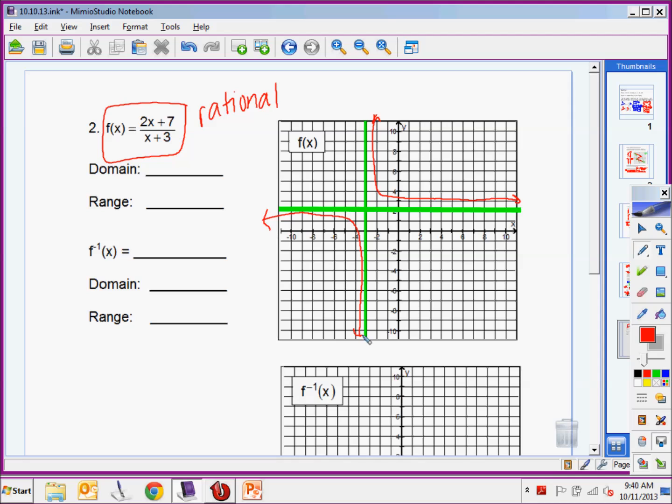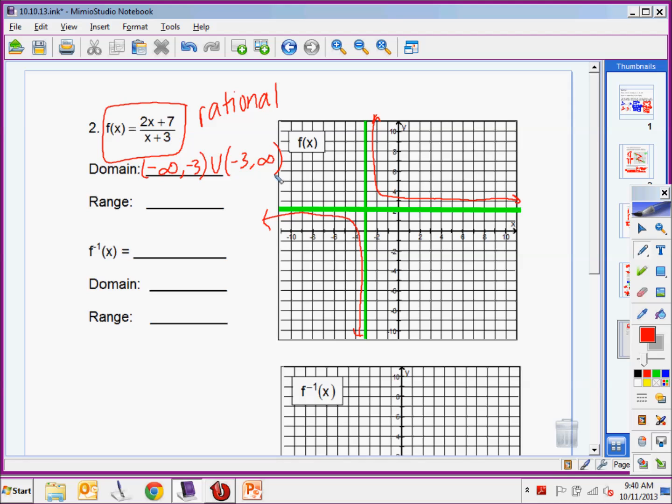Can I now describe the domain and range? Yes. What's the domain of this function? Left or right? Negative infinity to negative 3, and then what happened? The union. Then negative 3 to infinity. Boys, you have a question? Brandon, Tristan, any question? All right, what's the range?